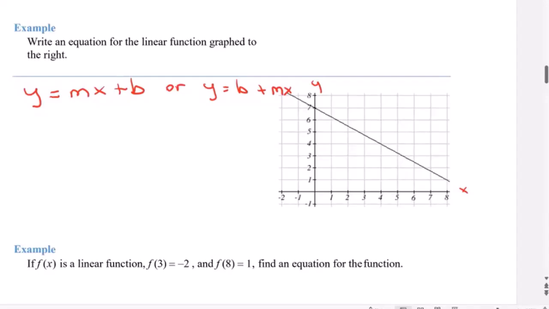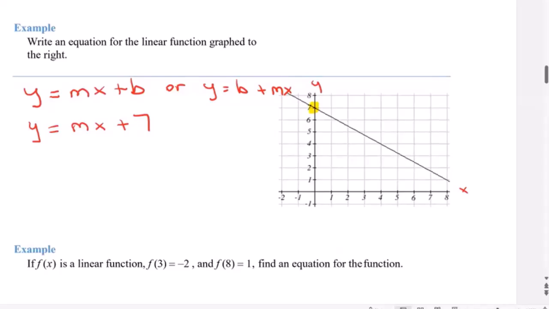And we can see here that my y-intercept, or my vertical intercept, is at 7. So I'll do this one. We have y equals mx plus 7, because that's where I'm starting.